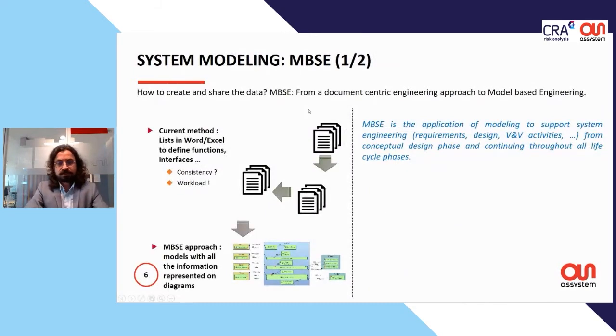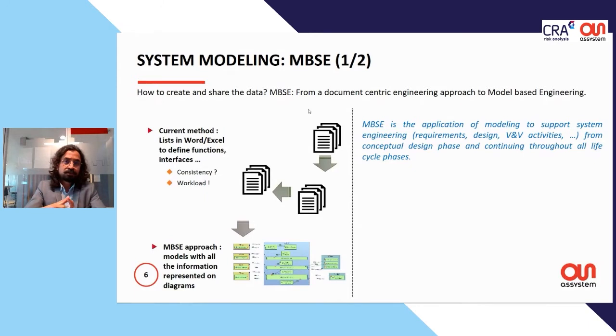So let's consider the system modeling MBSE approach, the model-based system engineering approach. The current methods which are used are a very document-centric approach. In this document-centric approach, you have all the Excel sheets, all the other documents, the requirements, and there is not much coherency, and it is difficult to track.